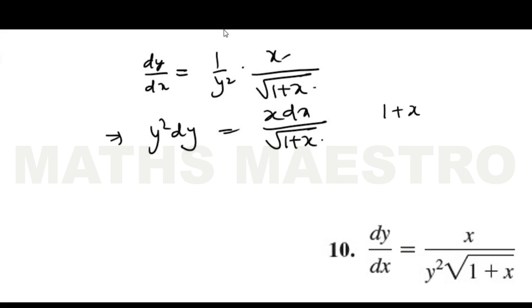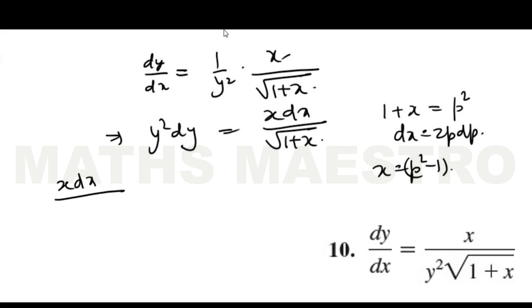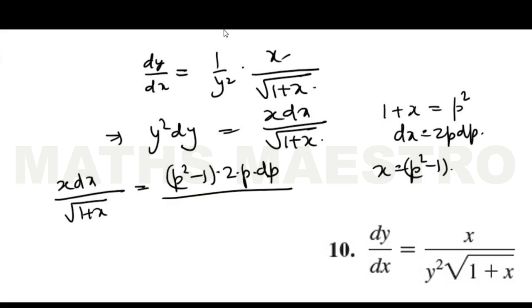And I will assume 1 plus x is equal to, say, p square, and dx is equal to 2p dp is what we will get, and x will become p square minus 1. If we substitute here, we get x dx as p square minus 1 times 2p dp, and square root of p square is p.